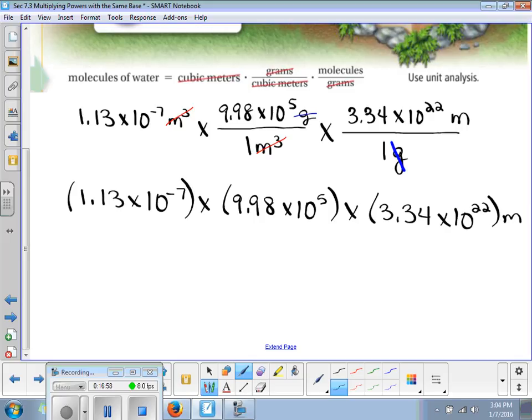It's just like problem 3. See? Can I multiply in any order I want to? Yes. Very good. So, we're going to multiply all of those first, right? And then we're going to multiply all of those. And then we'll have our answer.